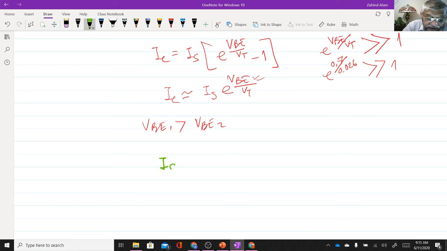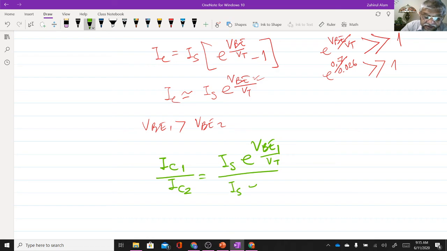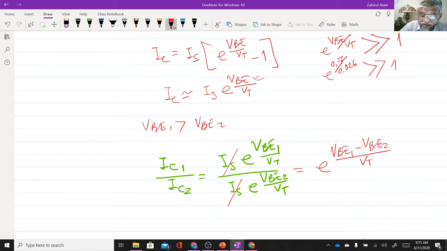If I write IC1 divided by IC2, then my equation is IS e to the power VBE1 divided by VT over IS e to the power VBE2 divided by VT, and since they are identical, IS cancels, so I can write e to the power VBE1 minus VBE2 divided by VT.